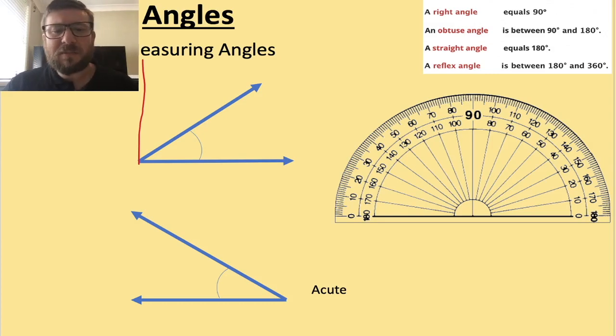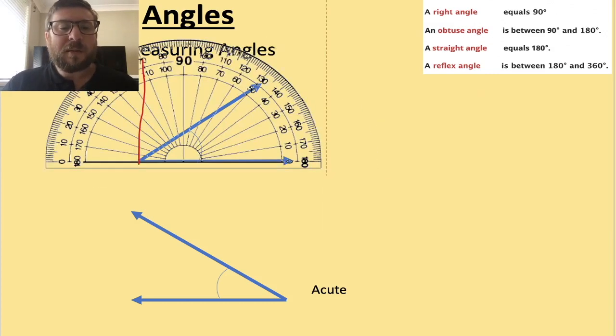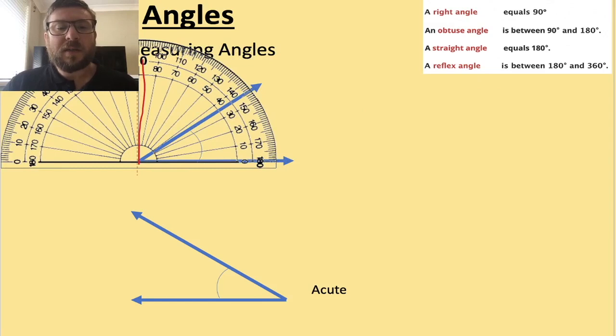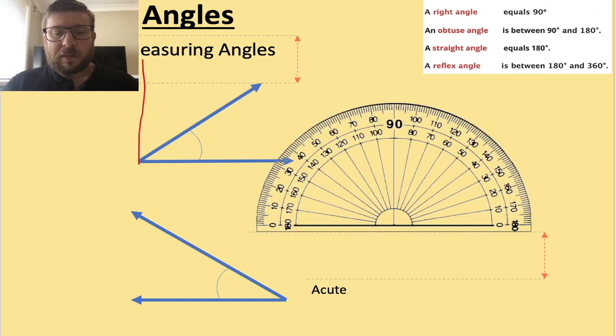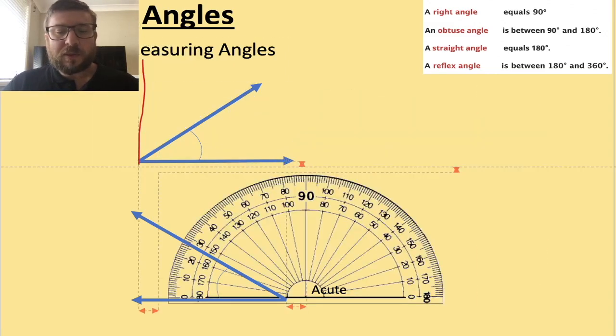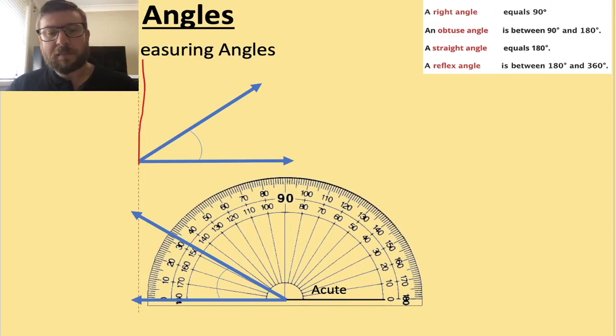Now, if we've got a protractor on hand, we can check it. Let's have a double check. We've estimated. Let's line up our protractor on our bottom line. Our 90 lines up here. And as we can see, 10, 20, 30, 35 degrees is the angle. It's less than 90, so that makes it an acute angle. Let's check our next one down the bottom. Again, lining up our protractor along the bottom line with our 90.